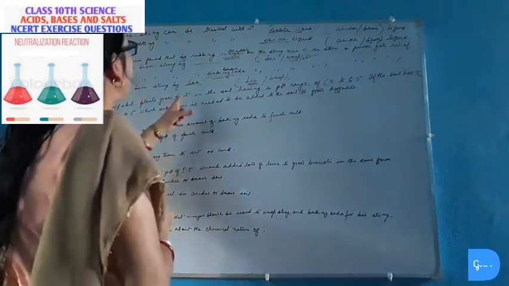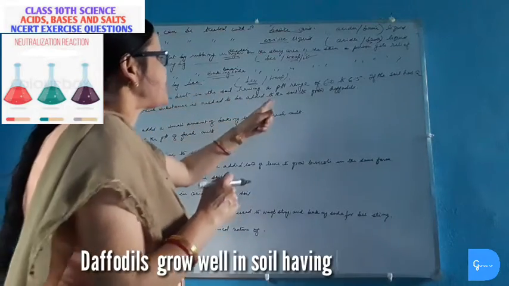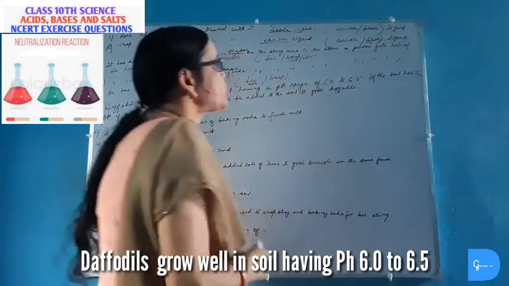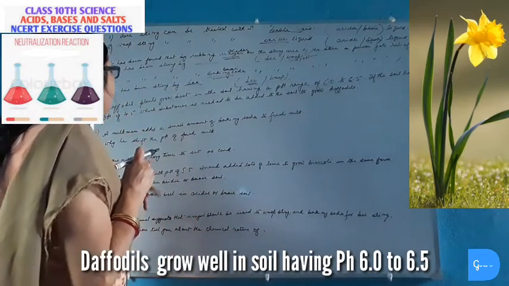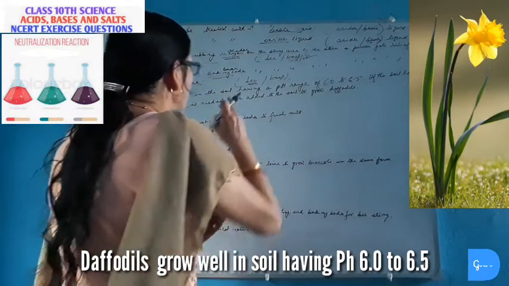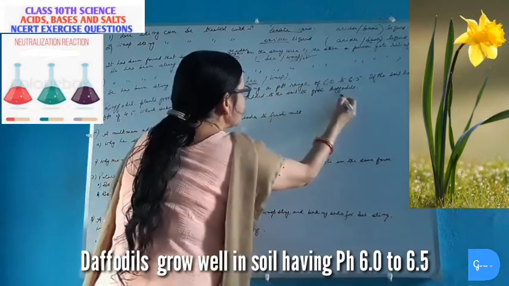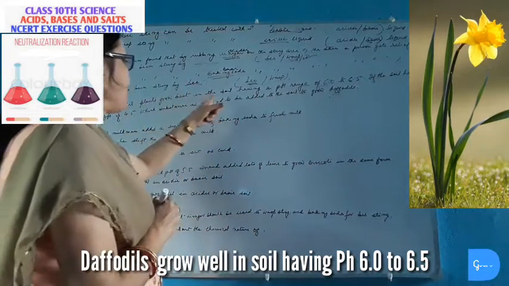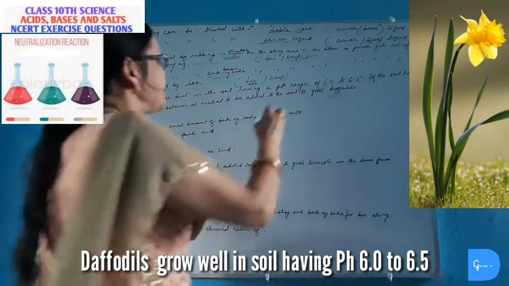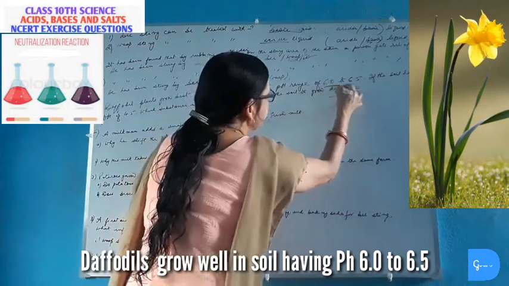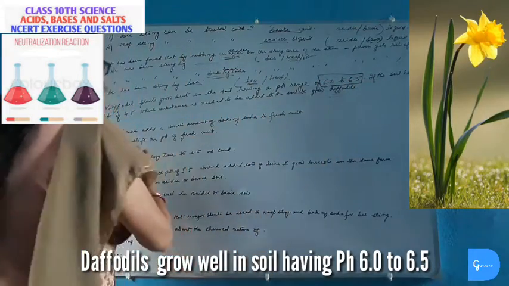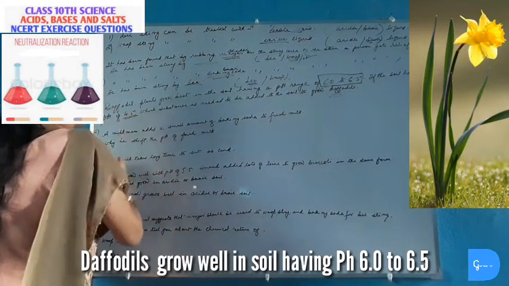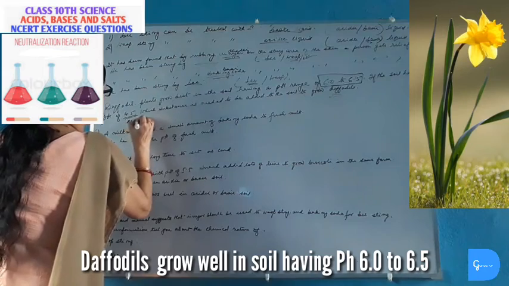Daffodil plants grow best in soil having a pH range of 6.0 to 6.5. If the soil has a pH of 4.5, which substance needs to be added to the soil to grow daffodils? Here it is given that daffodils grow best in soil having a pH range of 6.0 to 6.5, but the pH of the soil is 4.5, which means the soil is acidic in nature.